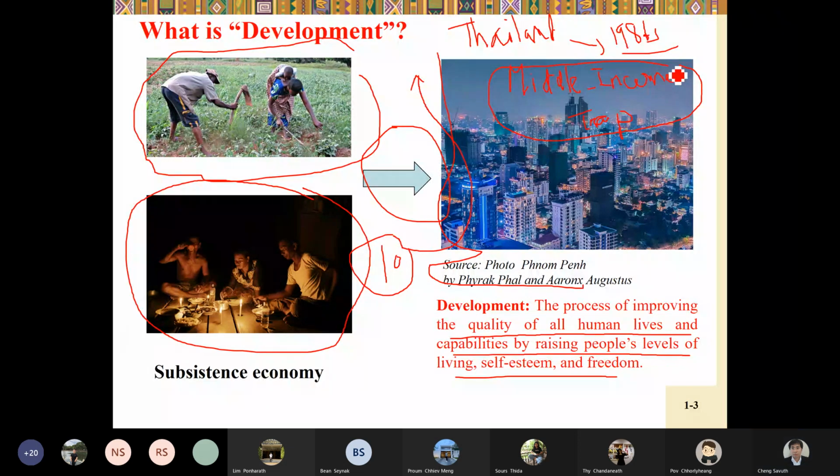Okay, so you can see that development is not only an issue of developing countries trying to transform themselves from being poor nations or low income countries to become middle income or high income economies, but it's also about the middle income economy and the high income economy, whether they can move forward or they would fall back.